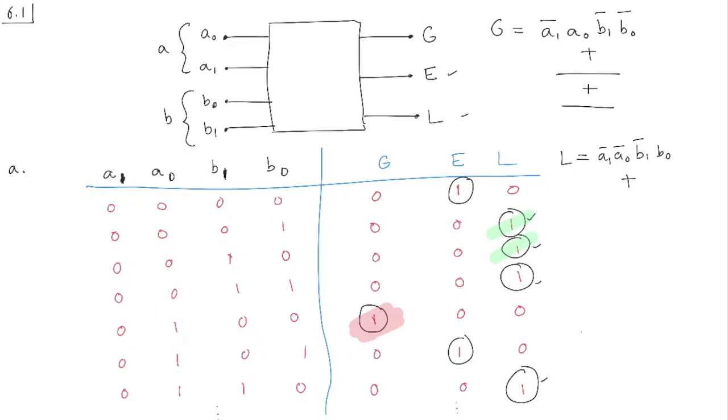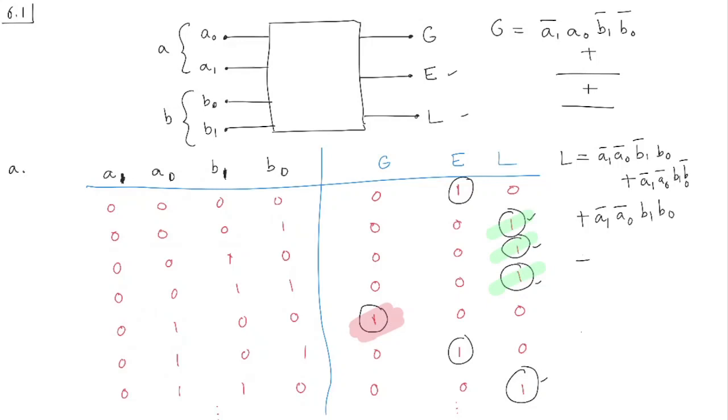So what do we get? We get A1 bar, A0 bar, B1, B0 bar, plus the minterm for this one, which is simply A1 bar, A0 bar, B1, B0.